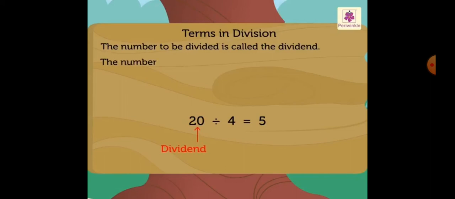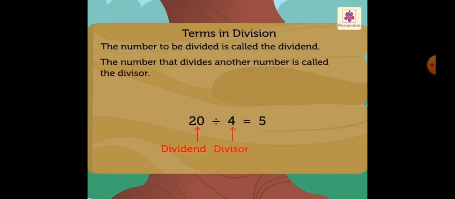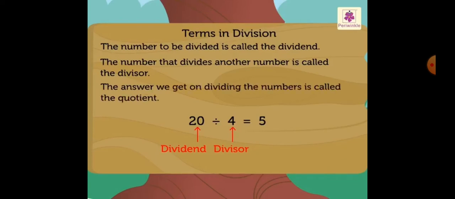The number that divides another number is called the divisor. The divisor here is number 4. Finally, the answer we get on dividing the numbers is called the quotient, which is number 5 here.